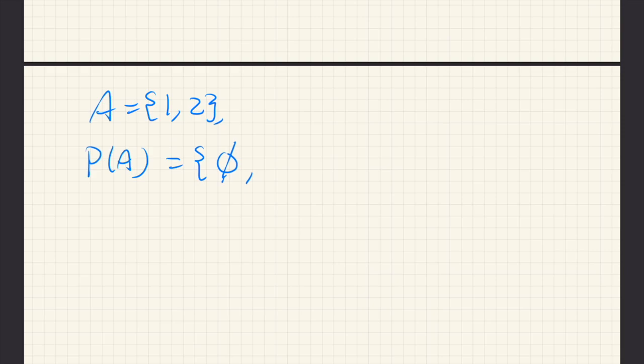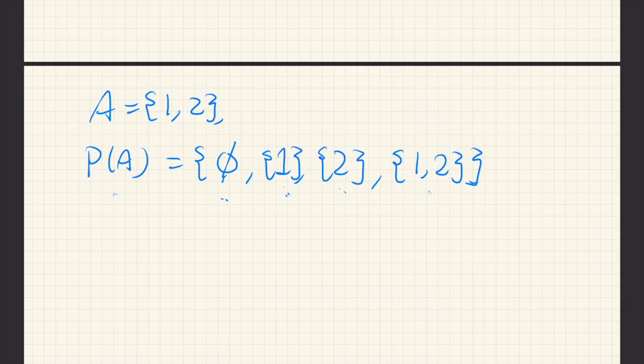And then of course, the set consisting only of 1 is a subset, and 2 is also a subset, and A itself is a subset. There are no other subsets. So we have 4 elements in the power set of A: the empty set, 1, 2, and 1, 2.